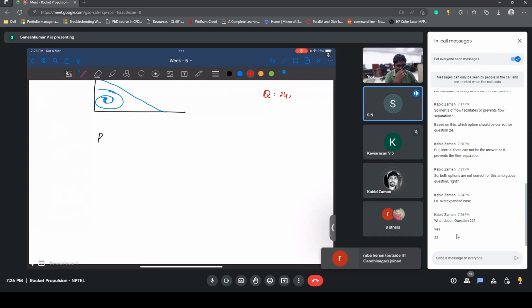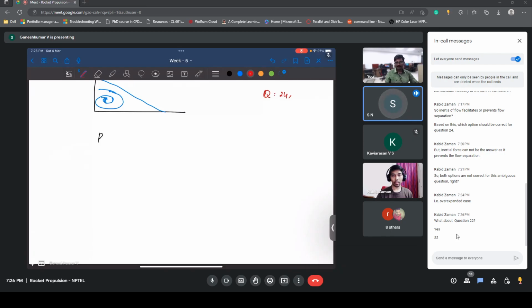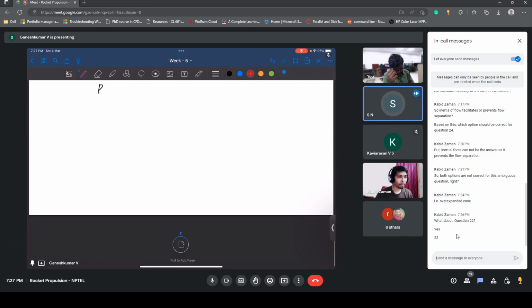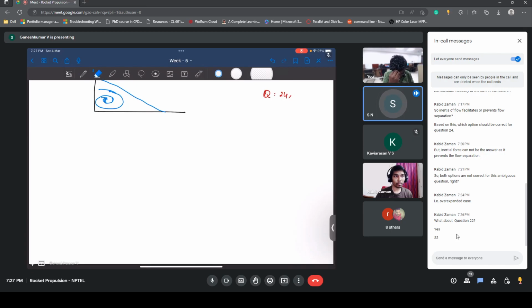My question on 25 was, in the case of a contour nozzle, it has a higher expansion in the initial divergent portion and then the expansion is lower at the exit. So I thought that it is less prone to flow separation because the pressure difference is less in the exit portion.